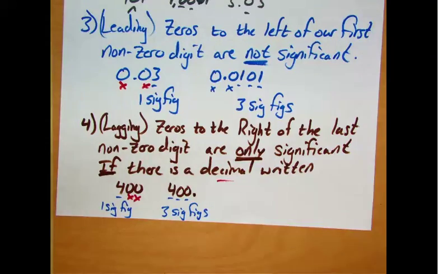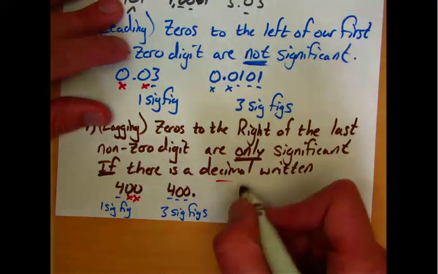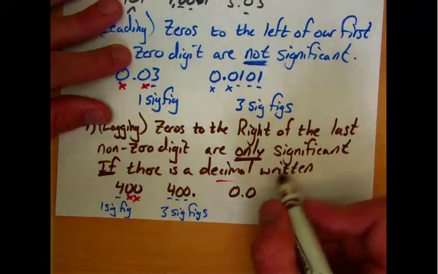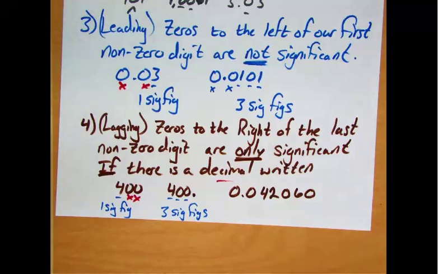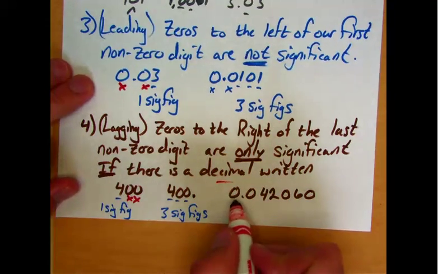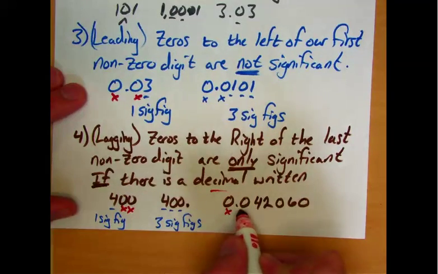Now let's see if we can write a number that's going to combine all of the rules together. So we're going to write 0.042060. Alright, so these two zeros right here fall under my leading zero rule, so this is not significant.